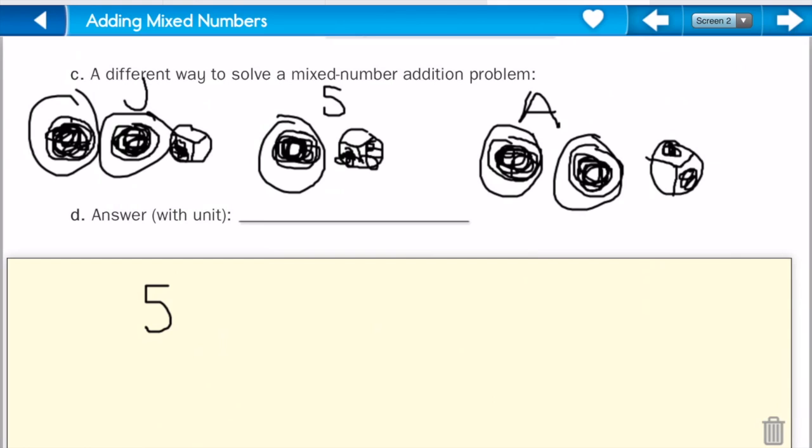So, I know that Sarah's and Jillian's pieces can go together to make 1, because I have 1/3 here and I have 2/3 here. 1/3 plus 2/3 equals 1, so I'm going to add 1 to it. So then I can cross those out, and then I just have 2/3 left. So then I can add 2/3. So 5 plus 1 plus 2/3 would be 6 2/3.